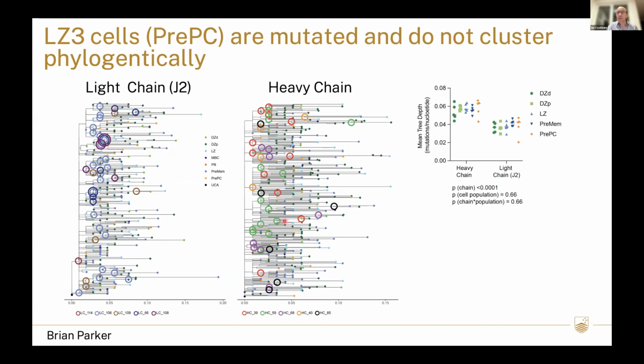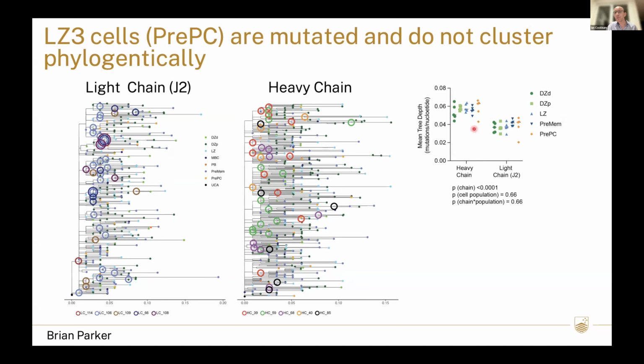But nonetheless, if you look at the tree depth, there are a number of points. Firstly, the pre-plasma cells are scattered throughout the tree in sublineages that have light zone cells and dark zone cells. So they're not all clustered in one place. So we assume they're coming out of multiple germinal centers, and they seem to have no greater tree depth than their closest relations.